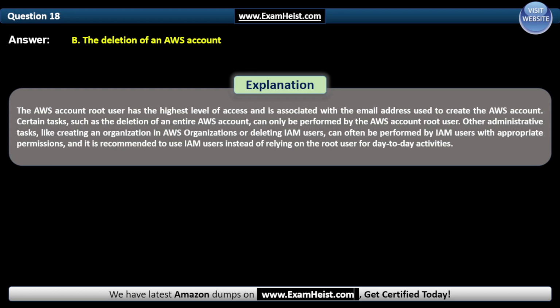Other administrative tasks like creating an organization in AWS Organizations or deleting IAM users can often be performed by IAM users with appropriate permissions, and it is recommended to use IAM users instead of relying on the root user for day-to-day activities.